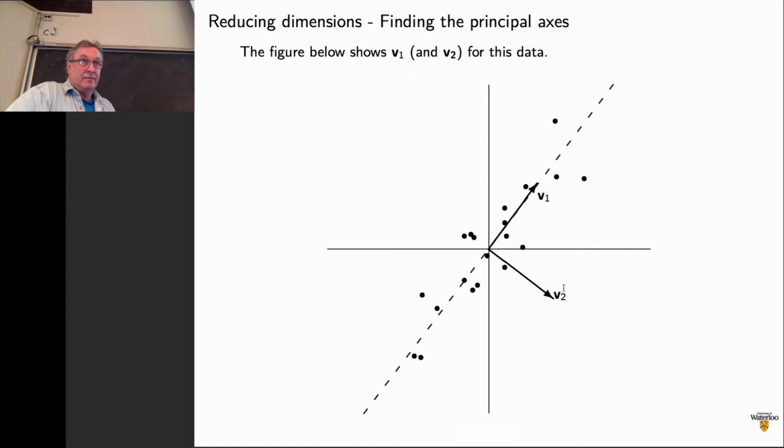So I'm going to look at these eigenvalues to tell me, am I close to a line? Small eigenvalues are telling me that I've got some directions for which the average squared length of the projection along that direction is pretty small. If that was 0, they'd be exactly on the dashed line.